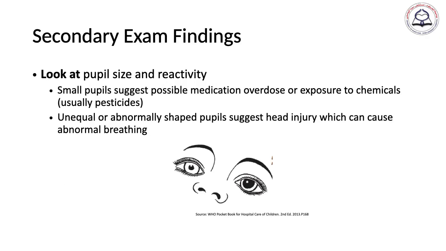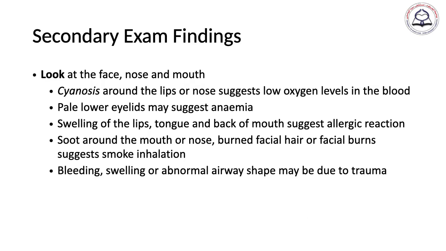Look at the pupils. A small constricted pupil could be due to narcotic overdose or exposure to pesticide. Irregular and unequal pupils can indicate raised intracranial pressure that could be related to trauma or tumor or bleeding inside the brain. Look at the face, nose, and mouth.